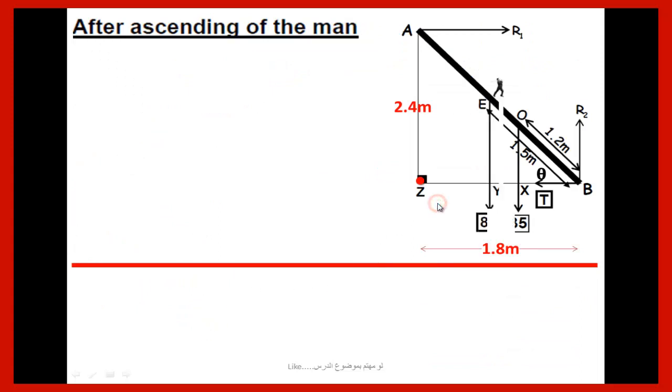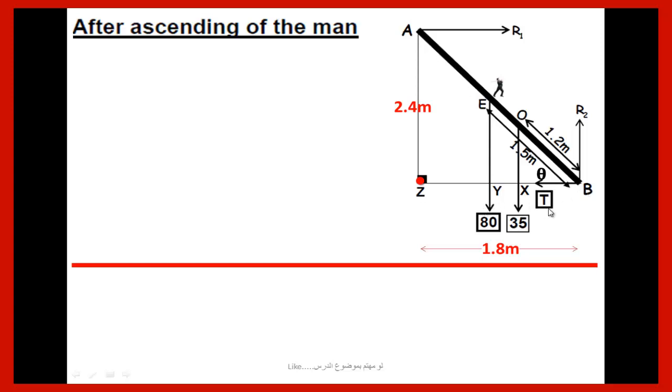When a man of weight 80 kilogram weight stands at the midpoint of the ladder, what is the length of EB? It will be 1.5. What is the length of AE? Also 1.5, because the length of the ladder AB equals 3.